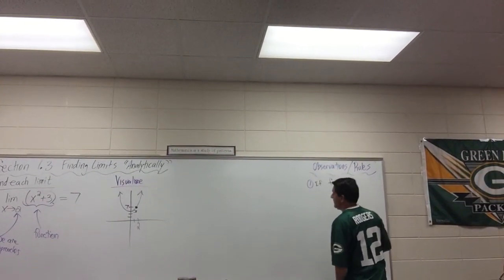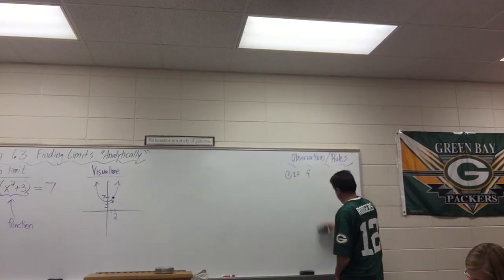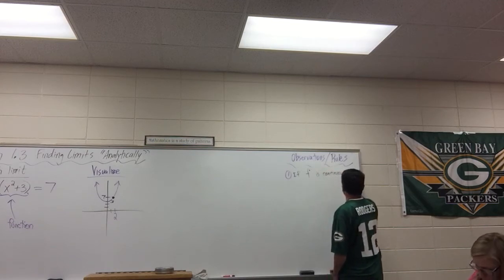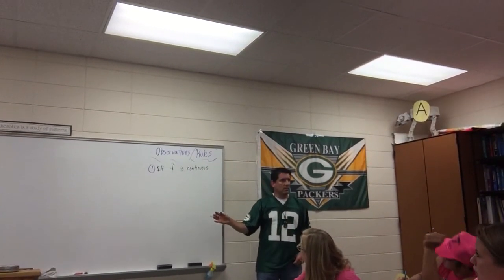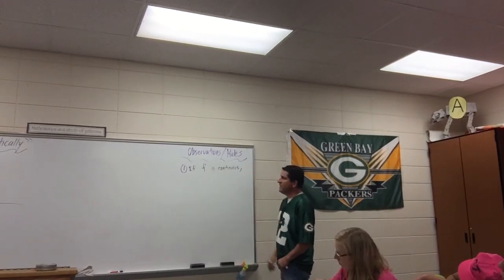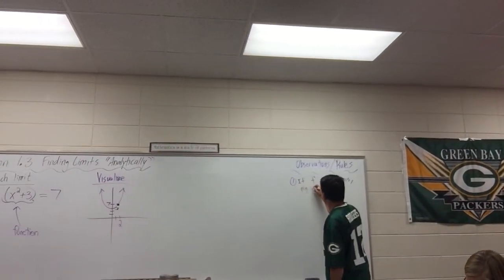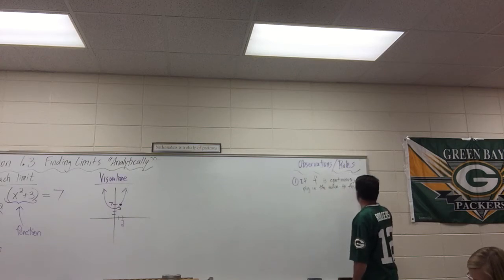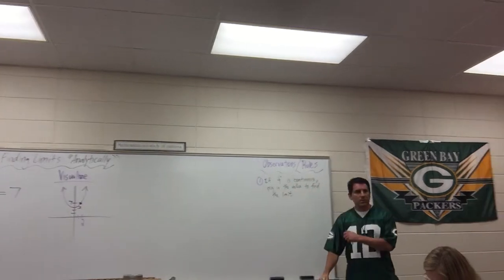If f, the function, is continuous, and when I say continuous, I mean that it's continuous on the whole entire domain, on all of negative infinity to infinity. So if f is continuous, then we can just plug in the value to find the limit. Bada bing, bada boom.